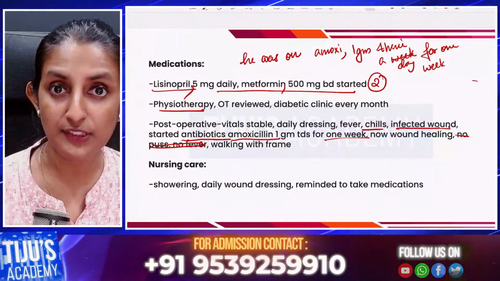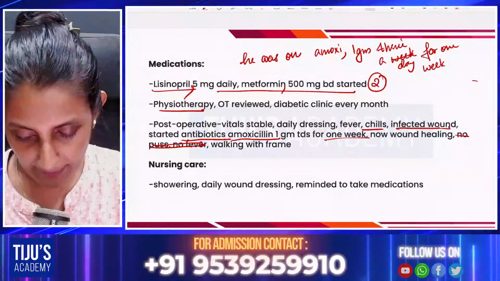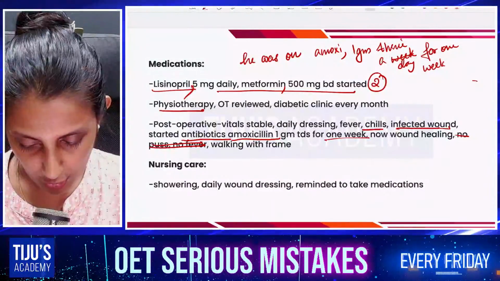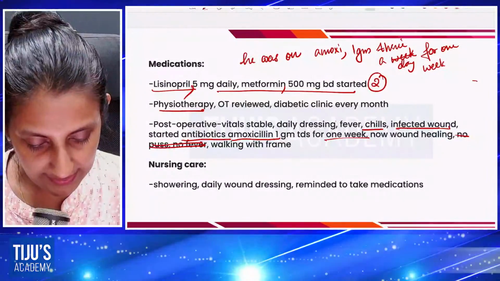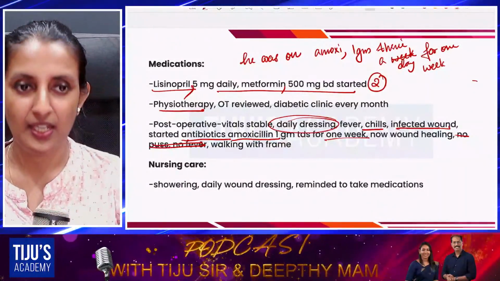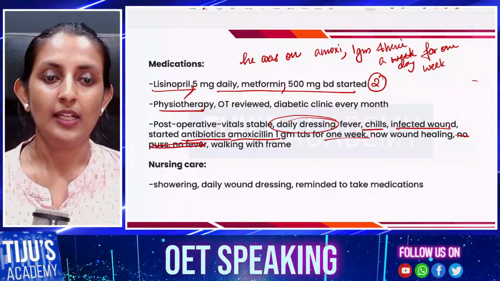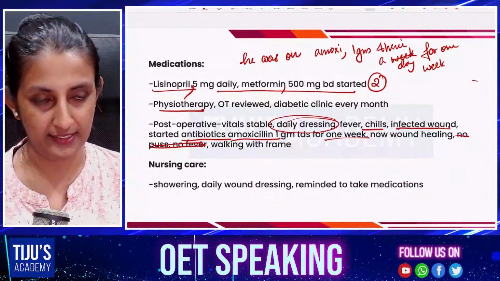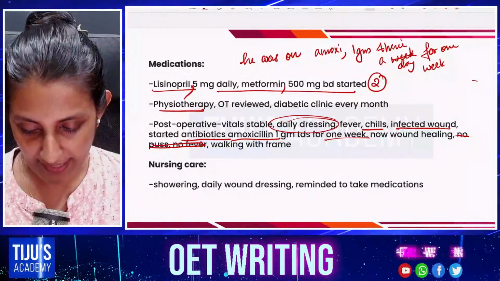Subsequently, he had physiotherapy and occupational therapy review along with daily dressing. So he had physiotherapy and occupational therapy review along with daily dressing. So physical medical management പറഞ്ഞു, നമ്മൾ ബാക്കി കൊടുത്ത മാനേജ്മെൻറ്റ്സ് എല്ലാം പറഞ്ഞു.